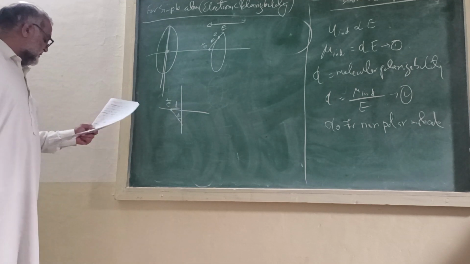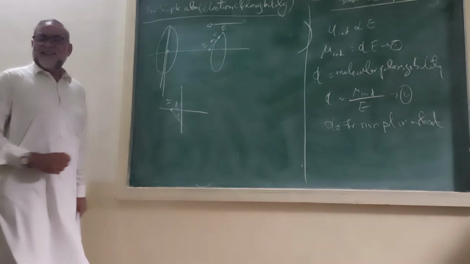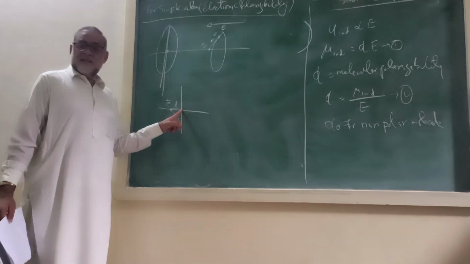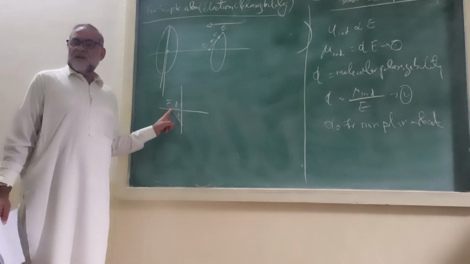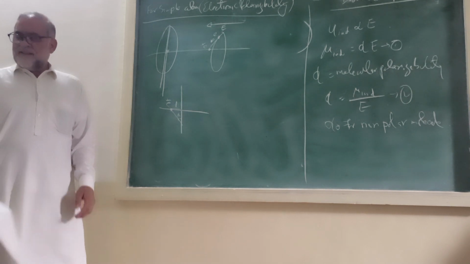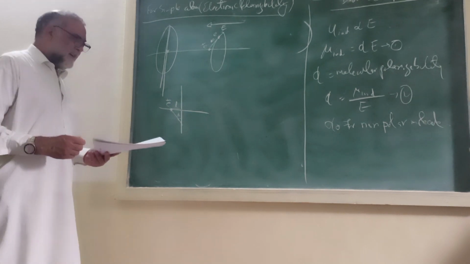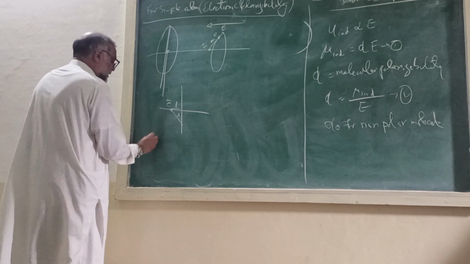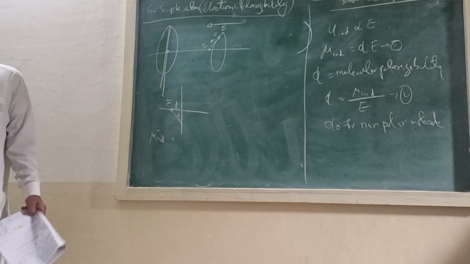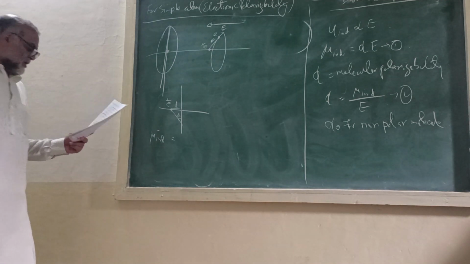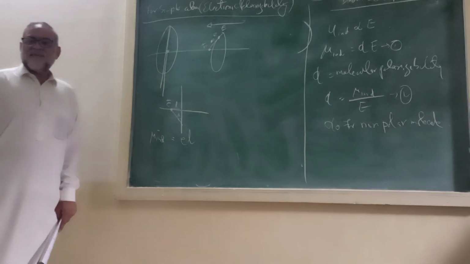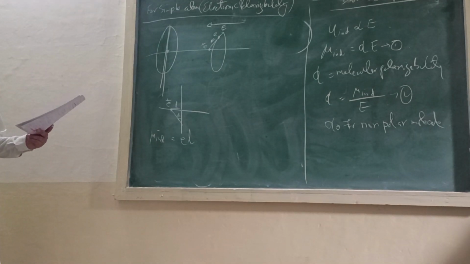The center of negative charge is this, and the center of positive charge is this, and they are separated by a small distance which we call L. The induced dipole moment is charge multiplied by separation, QL.